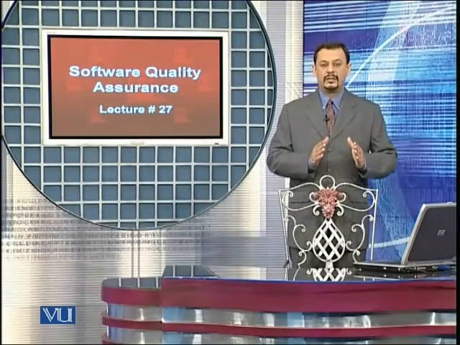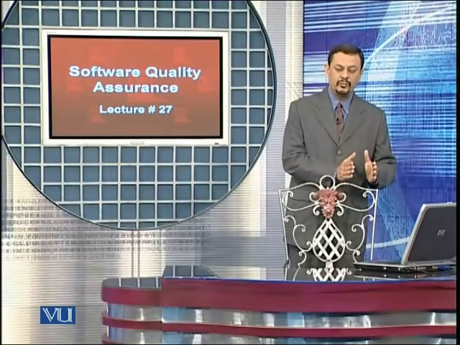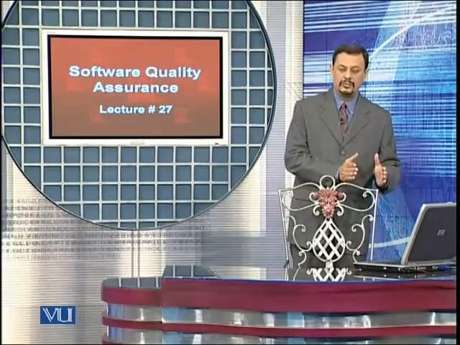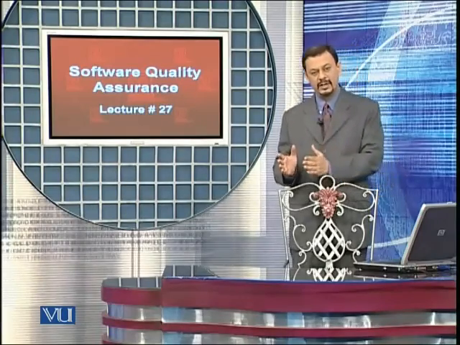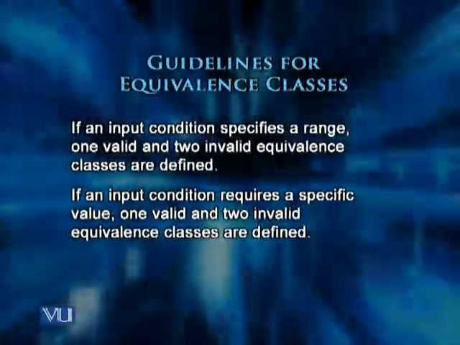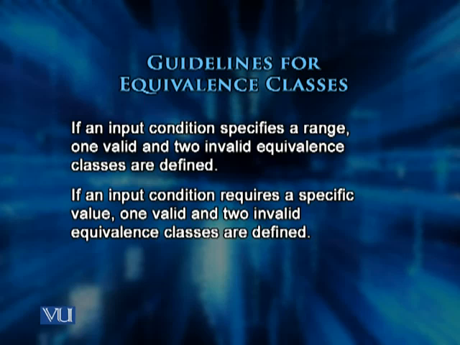And one input set you would require for the lower side of the range, and one for the higher or upper side of the range. If an input condition requires a specific value, one valid and two invalid equivalence classes are defined, again on the higher end and on the lower end.